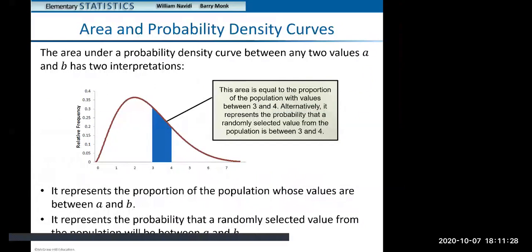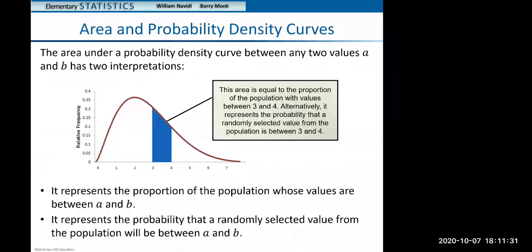The area under a probability density curve between any two values, let's say A and B, has 2 interpretations.